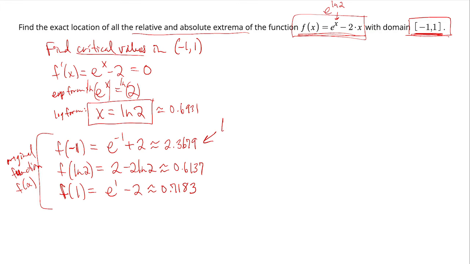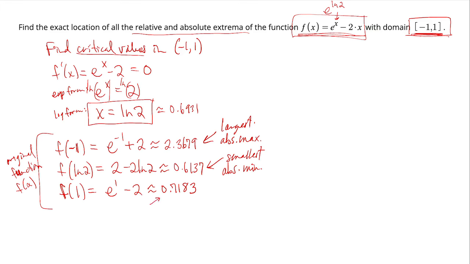So which one is the largest? This guy. That's the largest output, so that would have to be my absolute maximum. Now this one is the smallest output of those three, so that would be my absolute minimum. And this last one is just someplace in between.